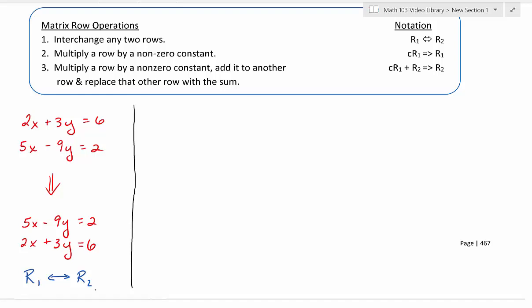Our second legal row operation is to multiply a row by a non-zero constant. So maybe we were solving a system of equations like y plus x equals 27, and then our second equation had a whole bunch of decimals in it.